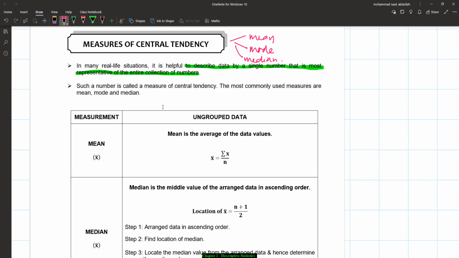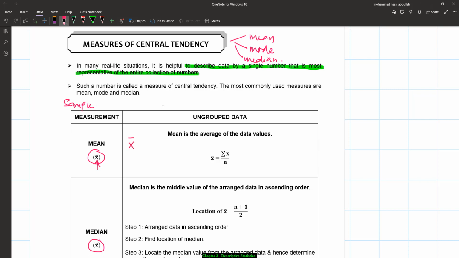I just want to emphasize, in this chapter we are only focused on the sample mean, sample measures of central tendency, which are statistics. That's why we are measuring mean, median and mode for a sample. The symbol for mean is x bar.